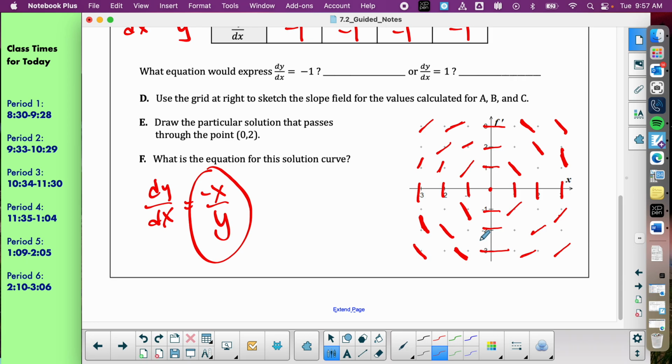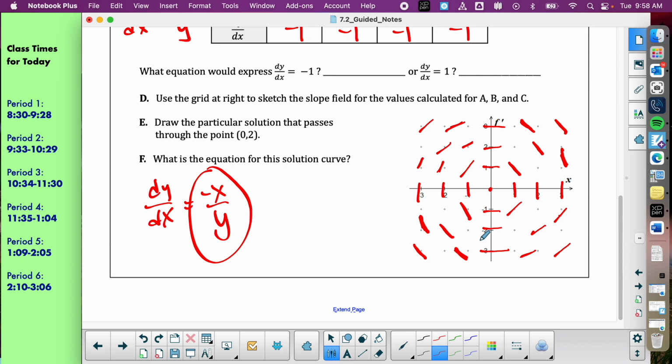21, 19, 20, 21. I was hoping you could go up there and draw the particular solution through the point 0, 2. You have to think how to draw? I can help guide you if you're not sure what you're supposed to draw.